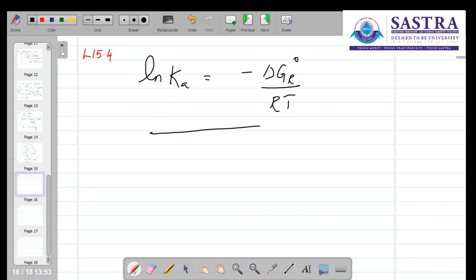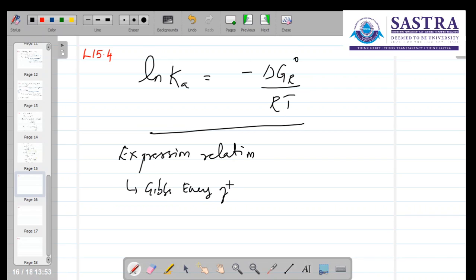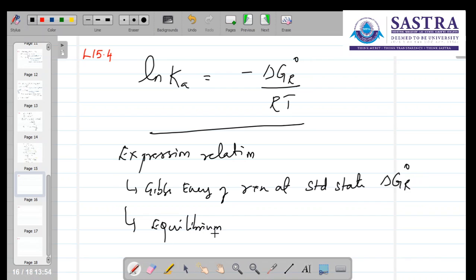Right, so this is the expression relating the Gibbs energy of reaction at standard state, which is delta Gr naught, and the equilibrium constant Ka.